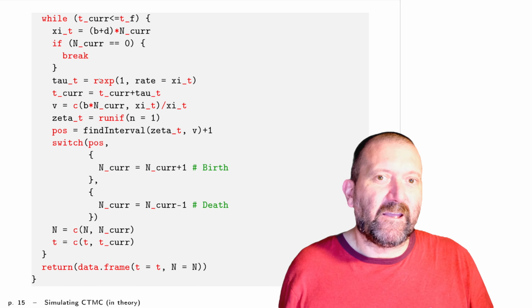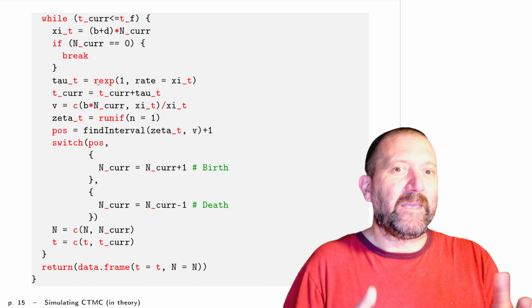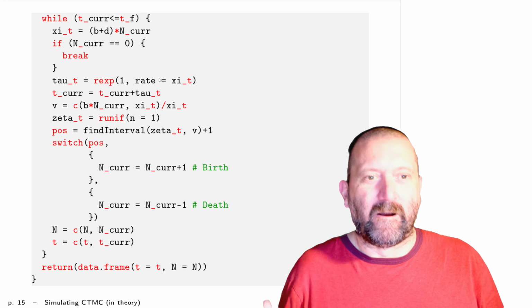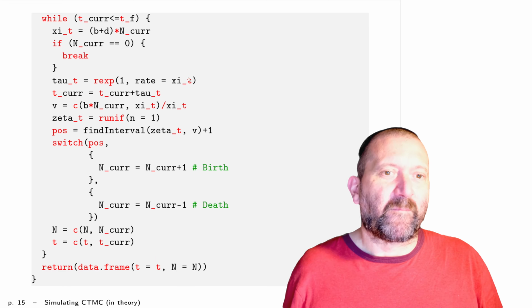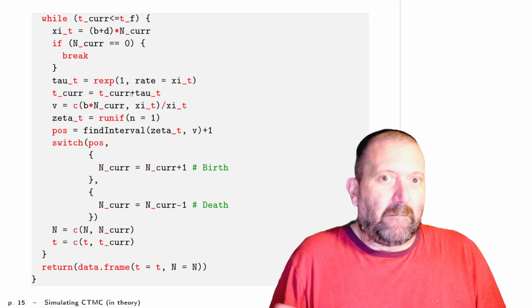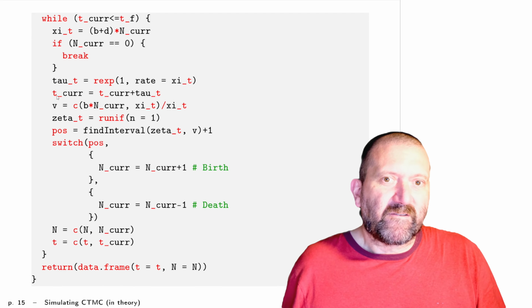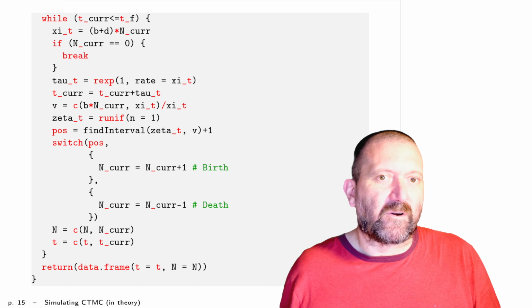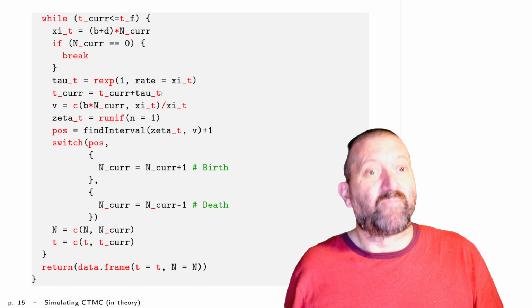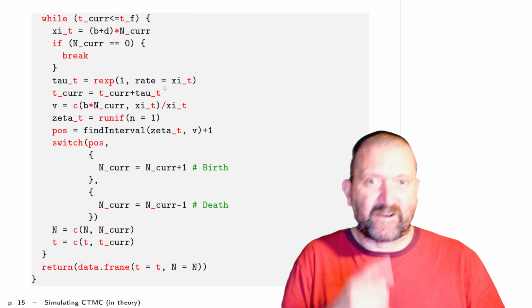Then tau t is rexp, get me one random number from an exponentially distributed random variable with parameter psi t. Implement the moving forward of the time. So the current time is now the previous current time plus this number that I've decided.